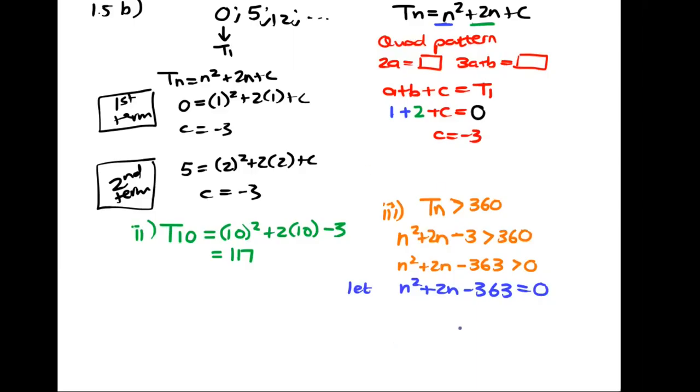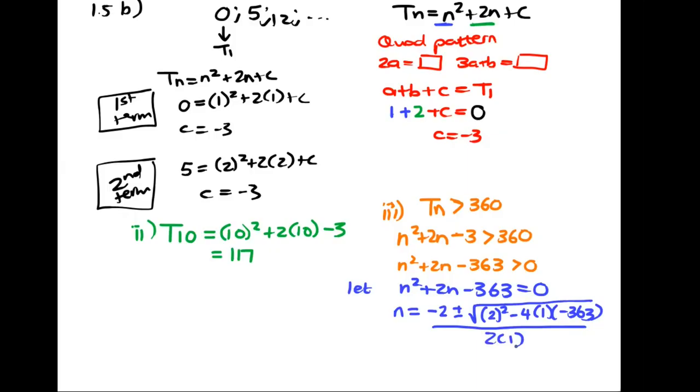Okay, so n equals minus b, so that's minus 2, plus minus 2 squared, minus 4 times 1 times minus 363, all under that big square root, over 2 times 1. And we now, again, let our calculator do all the heavy lifting.